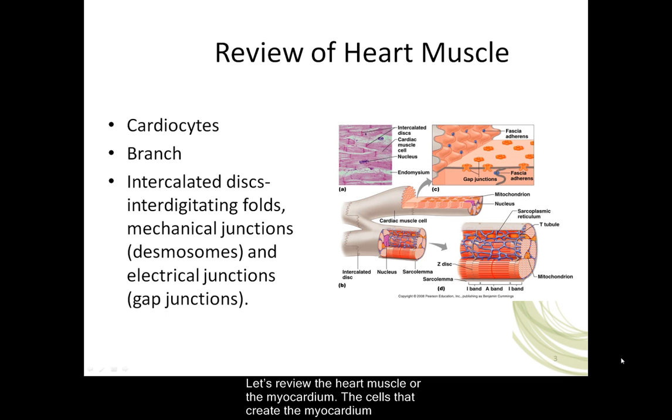Let's review the heart muscle, or the myocardium. The cells that create the myocardium are called cardiocytes. You'll notice in the top left picture that these cardiocytes branch, and they are also striated and mononucleated. Additionally, you'll notice special junctions in between each cardiocyte called an intercalated disc.